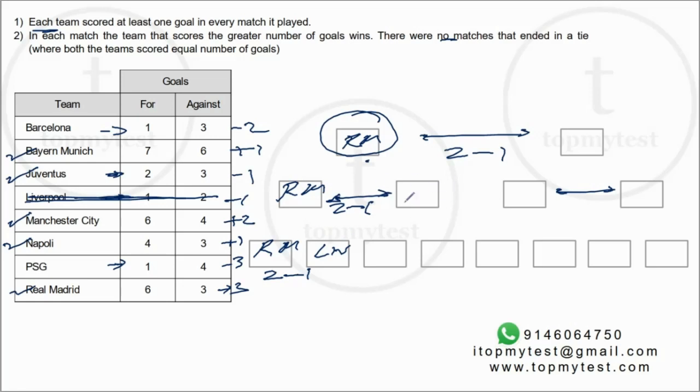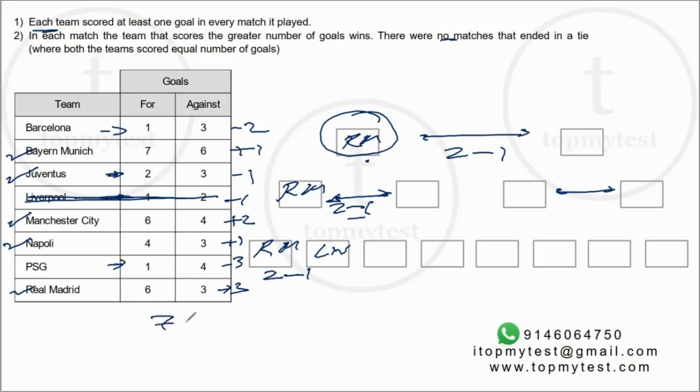Now, who can Real Madrid play against in the second round? If Real Madrid plays against Bayern Munich, Real Madrid will defeat Bayern Munich 2-1. So what is Bayern Munich's score in the first round?